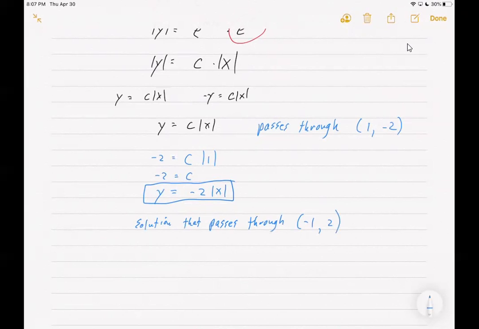Okay, so if we have that, then going back to the general solution, we substitute in that 2 is equal to c times the absolute value of -1. So clearly absolute value of -1 is 1, so c is equal to +2 this time. So y is equal to 2 times absolute value of x would be the solution to that.